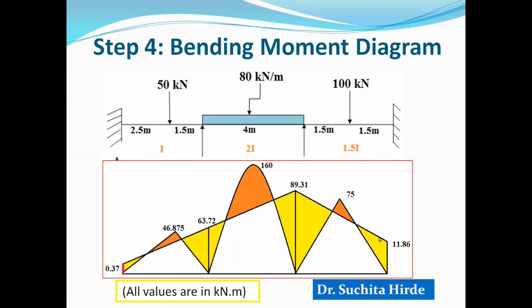First of all, you draw these ordinates. To start with, first you draw this horizontal line. Then whatever values we have calculated, you draw these ordinates here. Then you join them like this, and over this you have to overlap the free bending moment diagram.